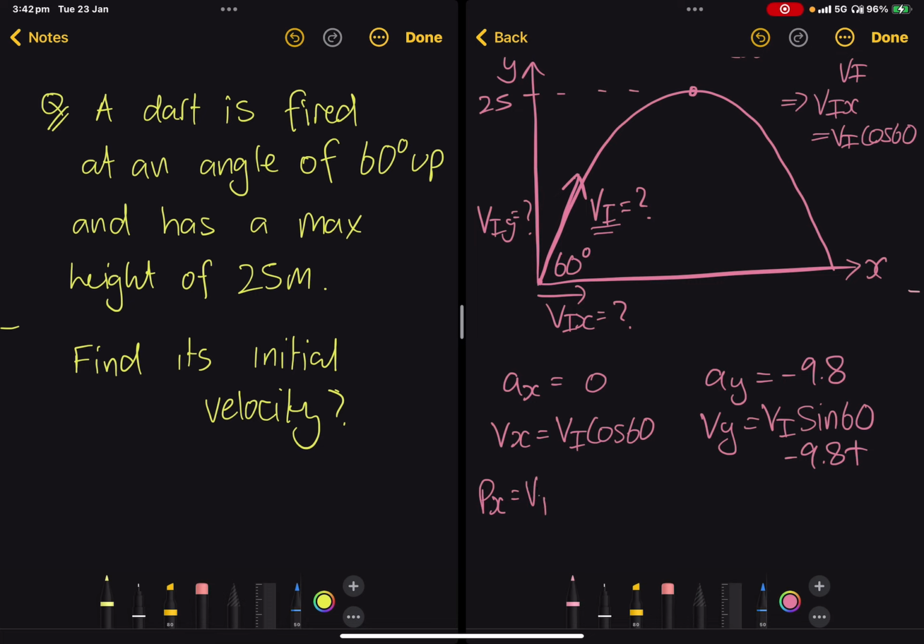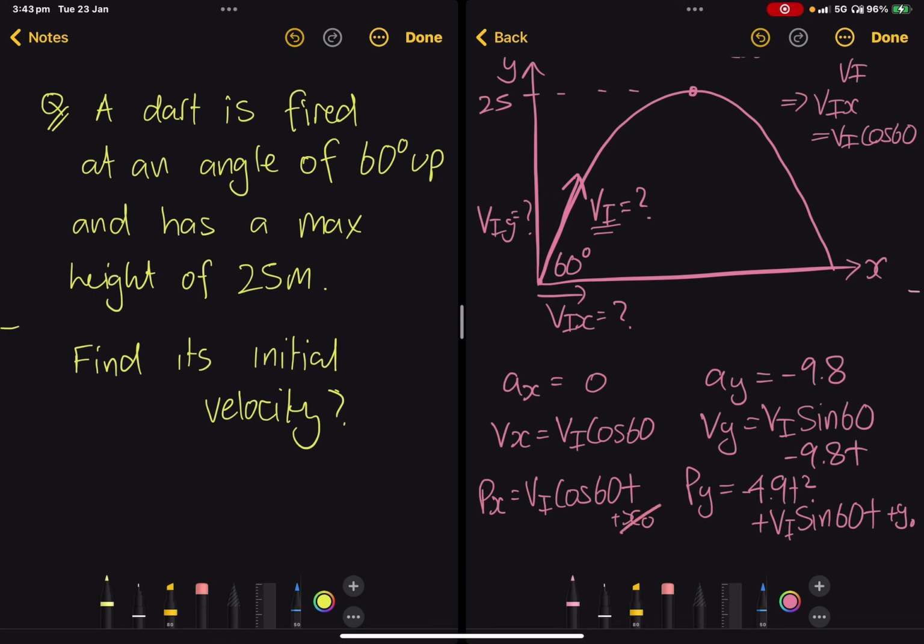Position in x we know will be VI cosine of 60 multiplied by time, and the position in y we know will be minus 4.9 times time squared plus VI sine 60 times time, and both of these could have a plus x0 plus y0. x0 and y0 are both 0 because we have decided where this starts at the origin.